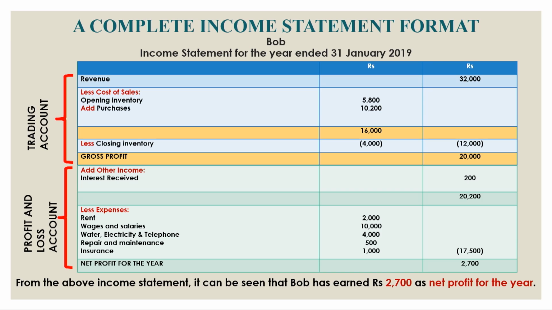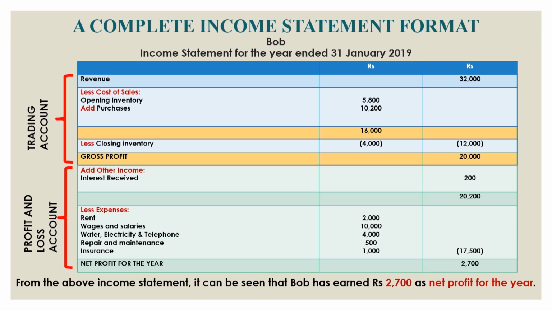Then, we need to subtract the cost of sales. To calculate the cost of sales, first we need to record opening inventory of 5,800 rupees, then add purchases 10,200 rupees in the second column. This gives a total of 16,000 rupees. To obtain the cost of sales, we have to deduct closing inventory of 4,000 rupees.